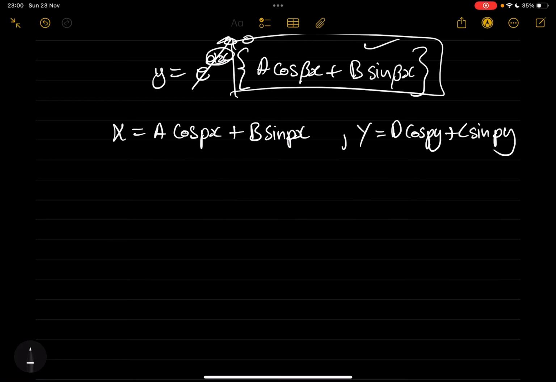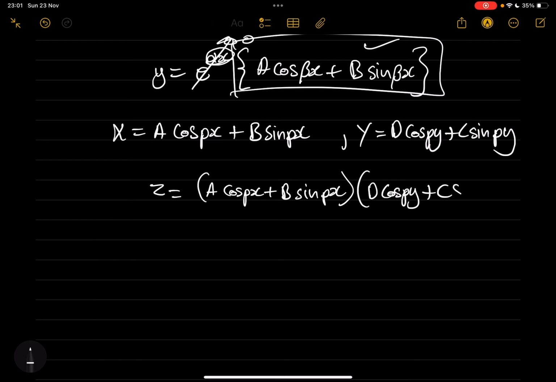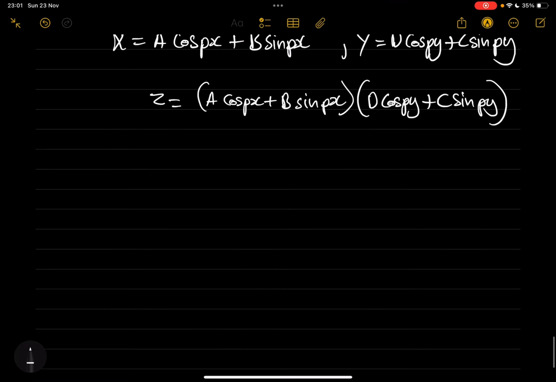So now we can write z as (a cos px plus b sine px) times (d cos py plus c sine py).